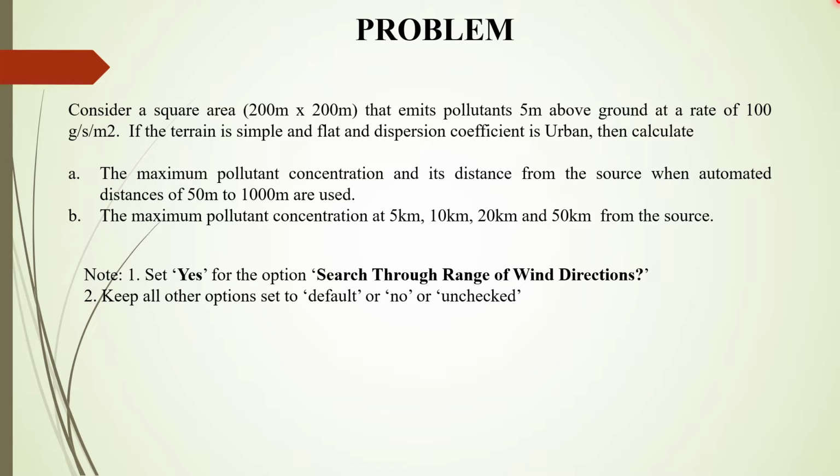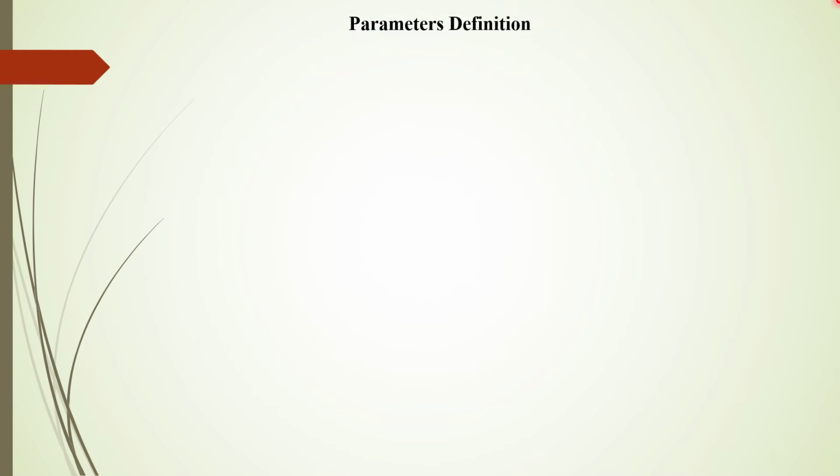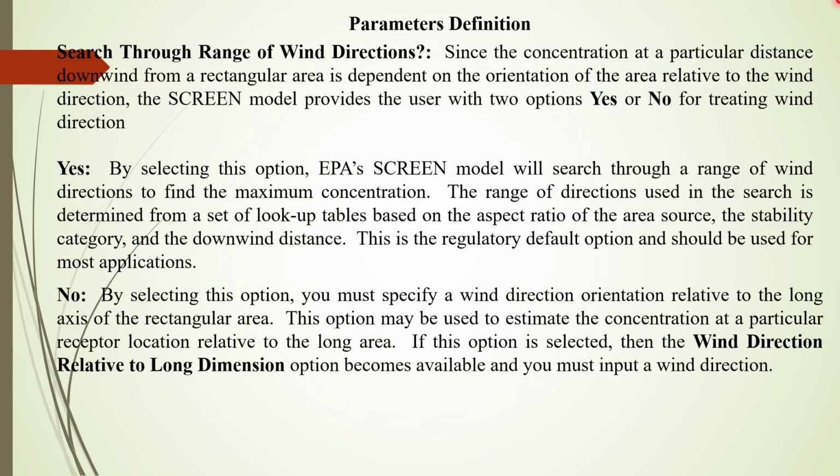This search through range of wind direction, if we select yes, is the default option. So we have to discuss this option. Since the concentration at a particular distance downwind from a rectangular area is dependent on the orientation of the area relative to the wind direction, the SCREEN model provides the user two options, yes or no, for treating wind direction.